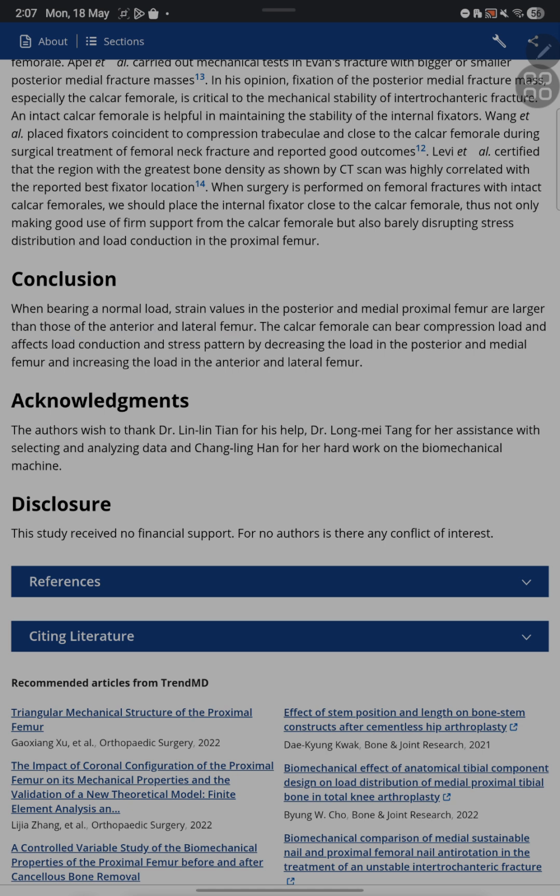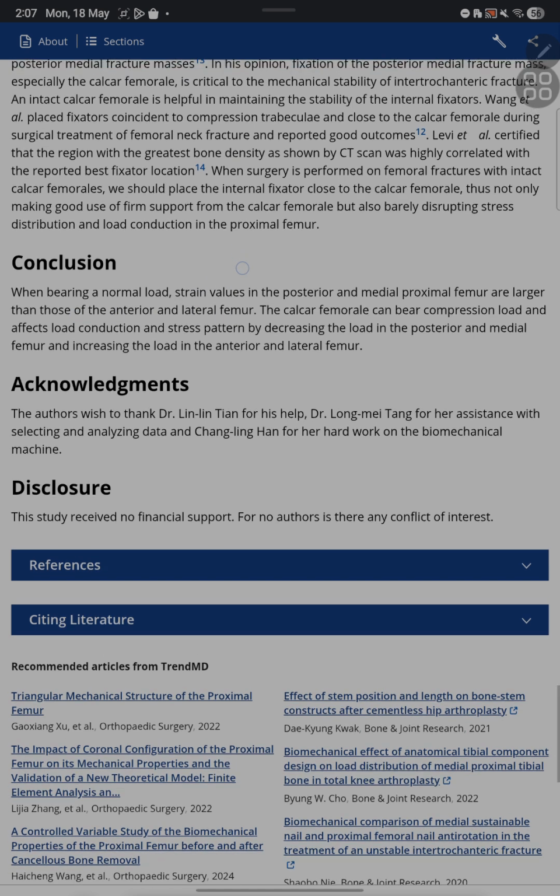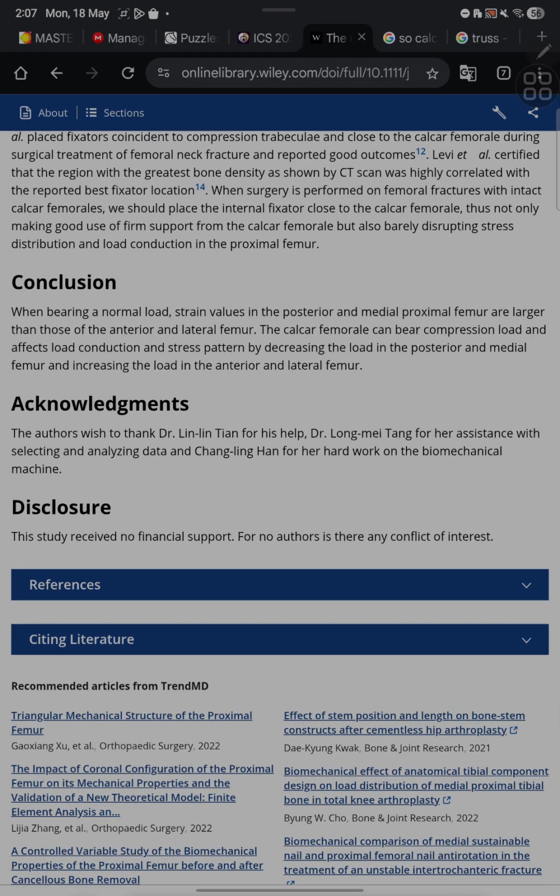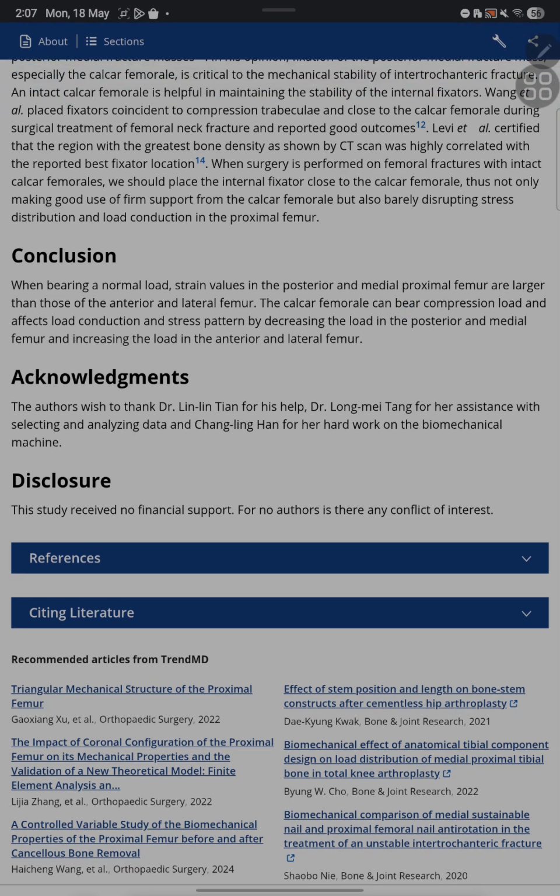Strain is the change in length upon total length. This tells us that the strain in the posterior medial portion of the proximal femur is greater compared to the anterior lateral. Therefore the Calcar Femorale can bear this compression load and affect the load conduction and stress pattern by decreasing the load in the posterior and medial femur and increasing or transferring this load to the anterior and lateral part of the femur.